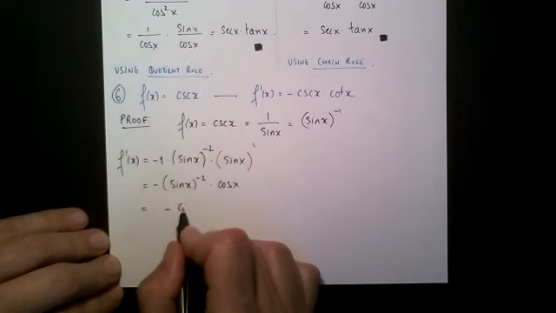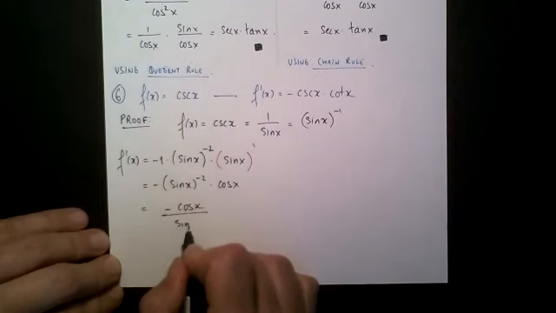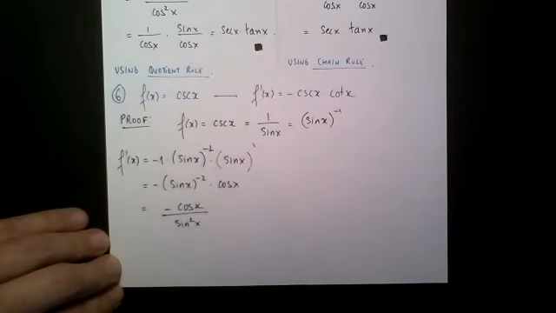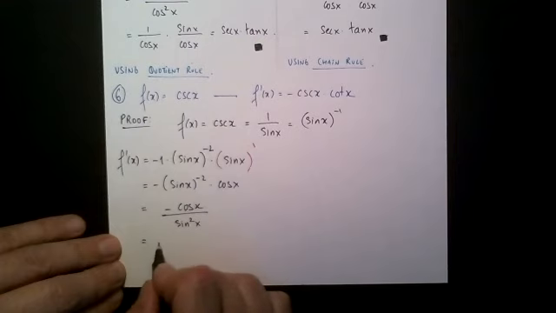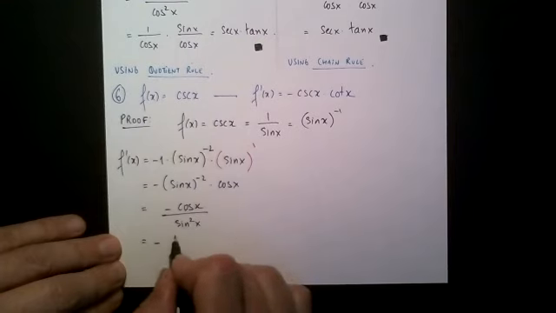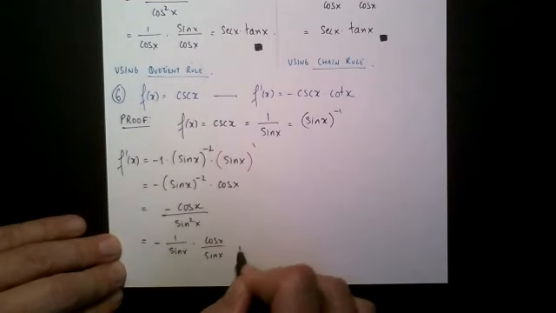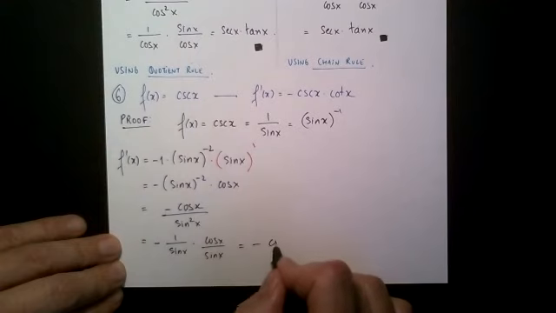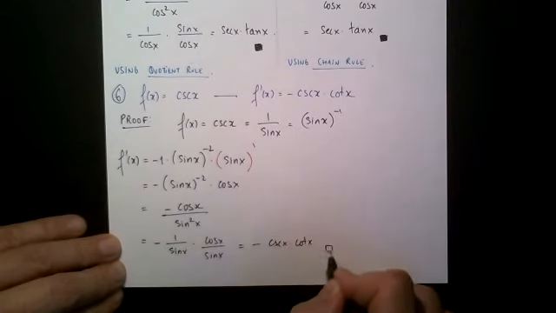And so that is negative cos x over sine squared x. And that is negative 1 over sine x times cos x over sine x, which is negative cosecant x cotangent x, and we're done.